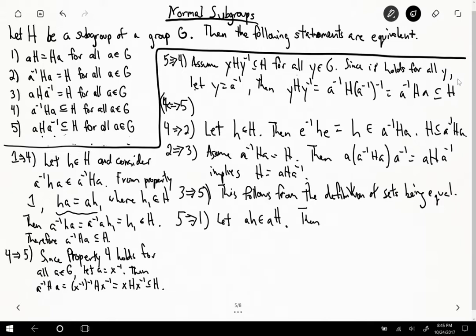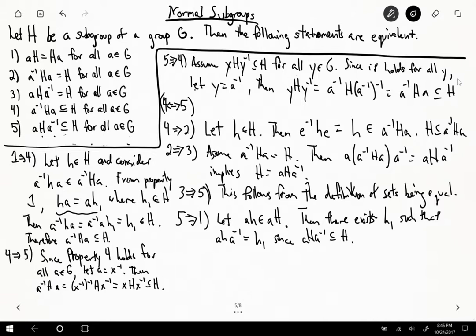Then, since we have this containment, there exists H1 such that A H A inverse is equal to H1, since we have A H A inverse is contained in H. Okay, so now how do we get that to be something of the form HA?